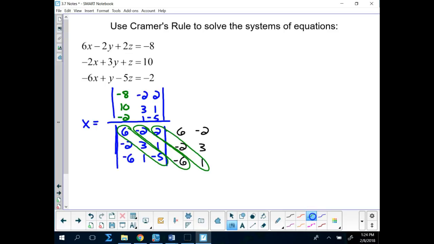So that's going to be 6 times 3 is 18 times -5 is -90. Plus -2 times 1 times -6 is +12. Plus 2 times -2 times 1 is -4.